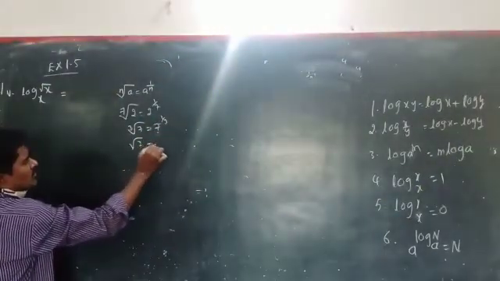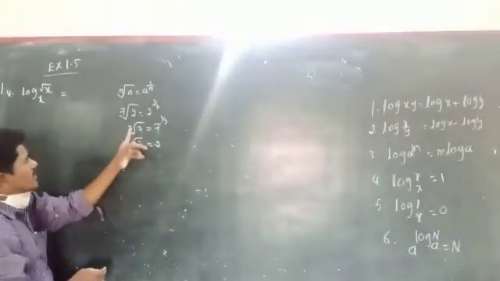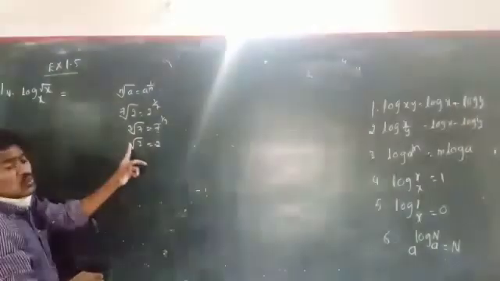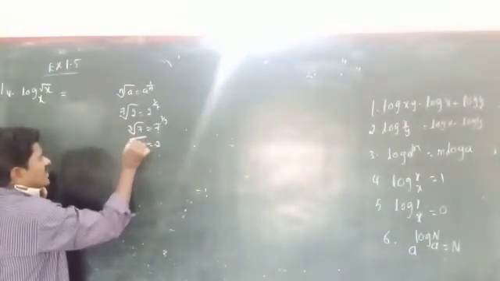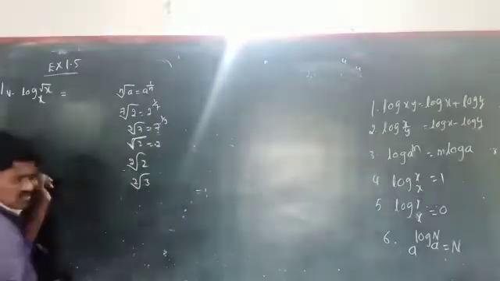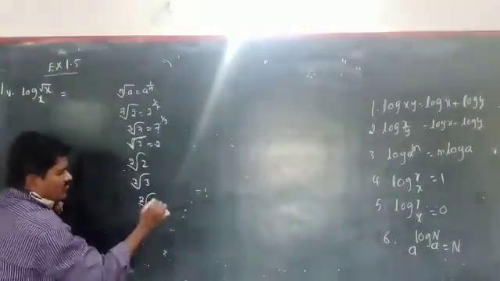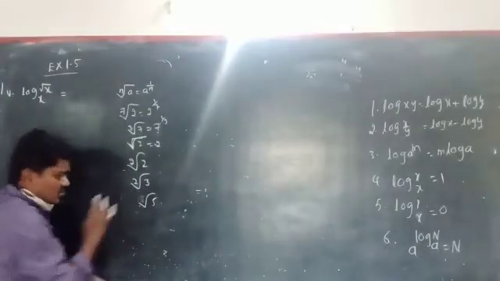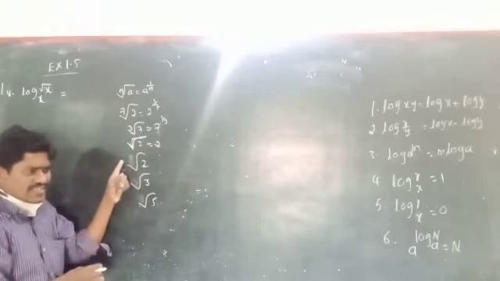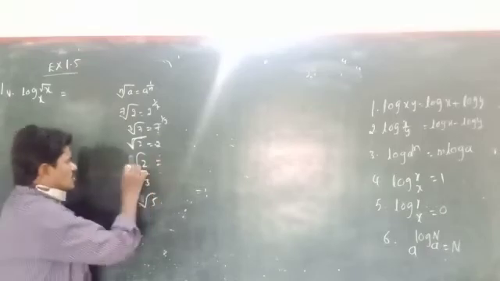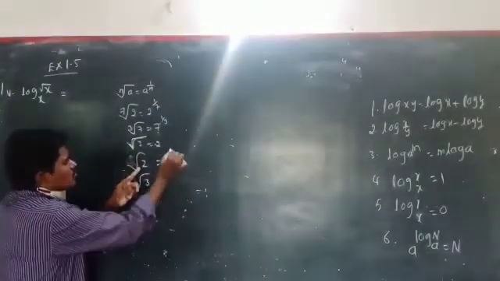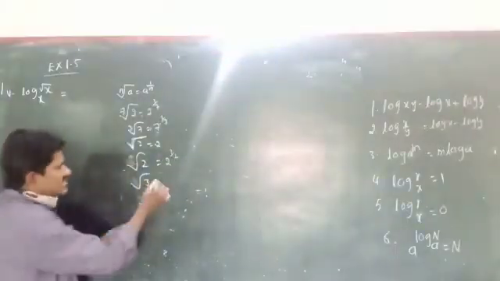Now square root 2 equals 2 to the power of what? Here the degree is 3, here 7, here m. For square root, the degree is 2. So we can write square root 2 as 2 to the power of 1 by 2, square root 3 as 3 to the power of 1 by 2, square root 5 as 5 to the power of 1 by 2.